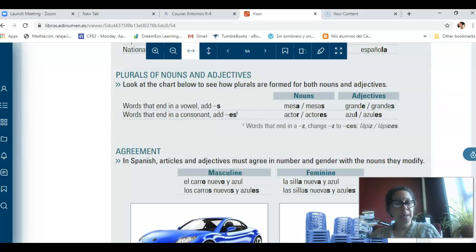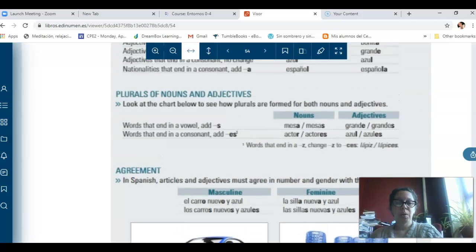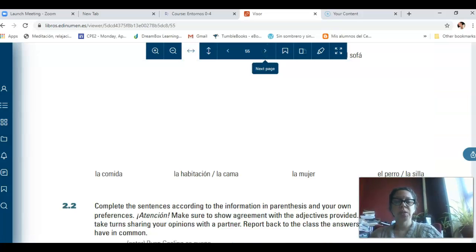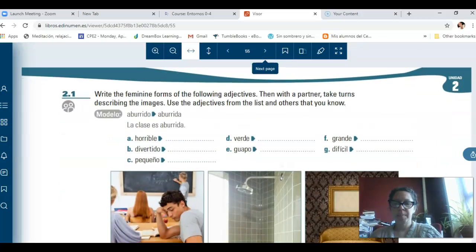If my noun is plural, my adjective has to be plural. But also, the word in front of the noun, which is an article, is going to keep the agreement. Okay? Bien. So read about this, study, and then try to do some activities on this page.